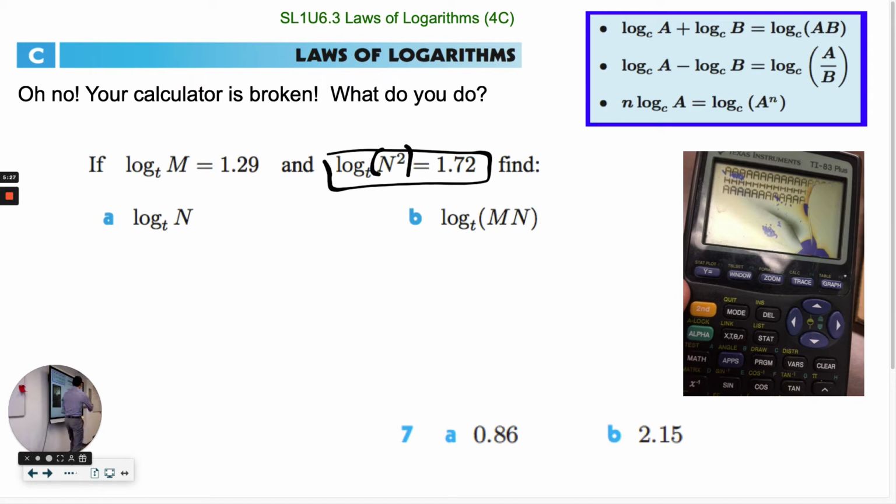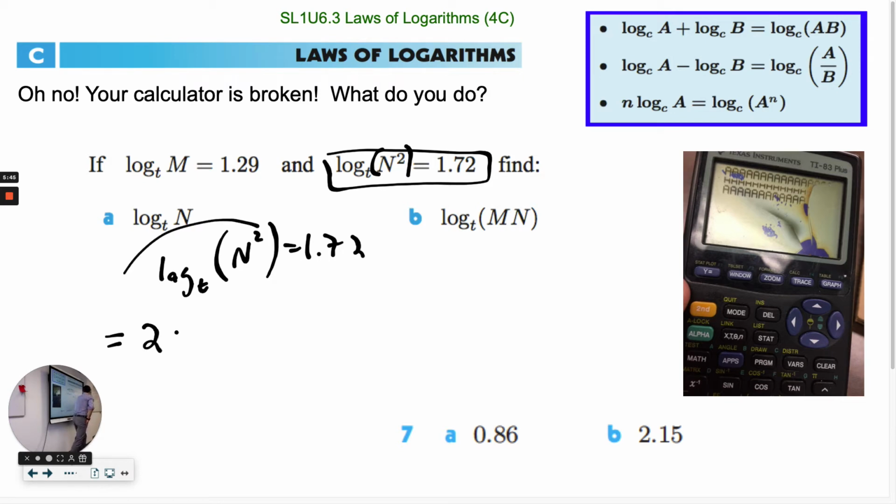Is 1.72. What we can do is modify this. I know log t of n squared is 1.72. I'm looking just for n, not n squared. So let's rip this 2 out, kicking and screaming into the front. So this becomes 2 times log t of n. There's 1.72.